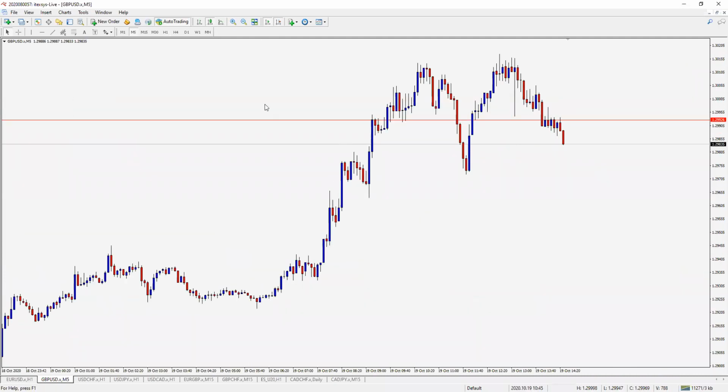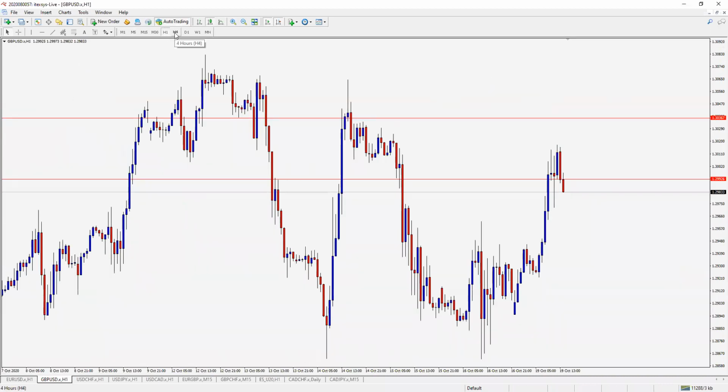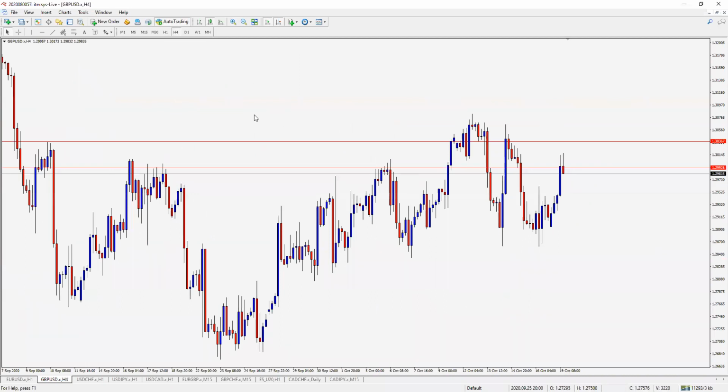Okay, this is the pound dollar, and let's start from the higher time frame. This is the H4. To be honest, for the swing or long-term traders, the conclusion didn't change, at least in the last 2 weeks. You can see the price didn't create a new fresh zone, a new supply or new demand that created a significant movement.